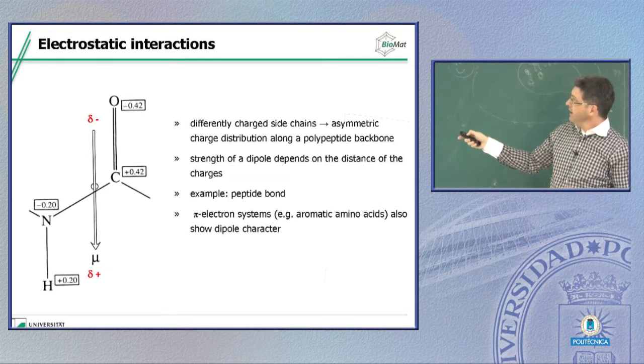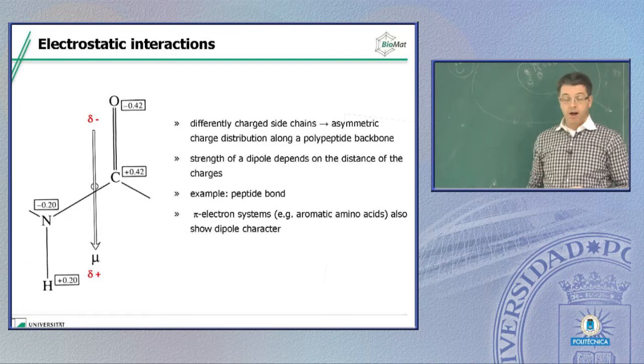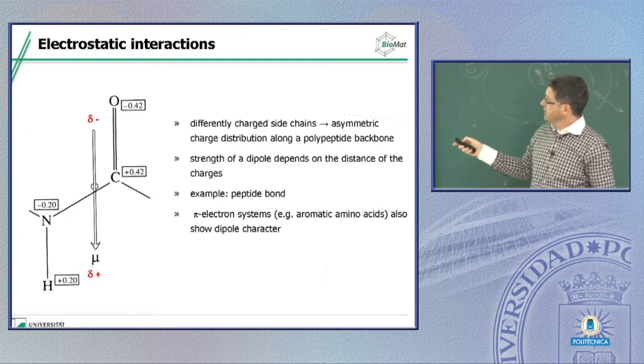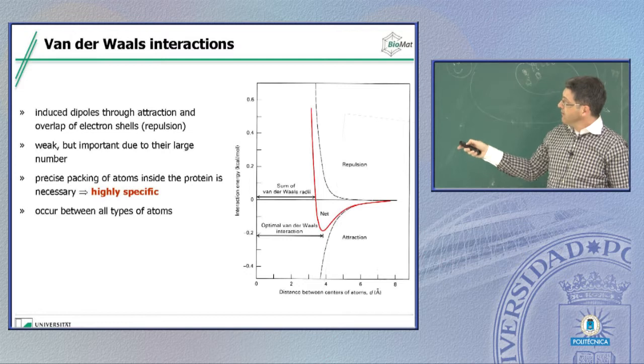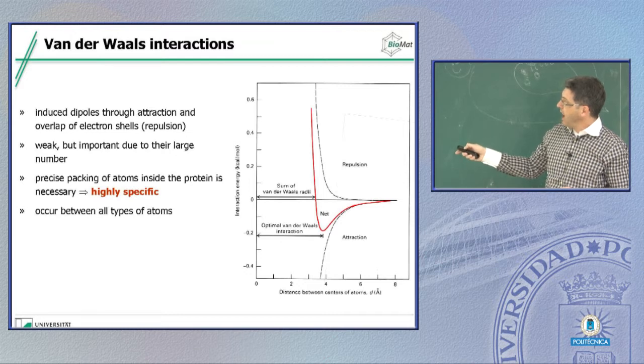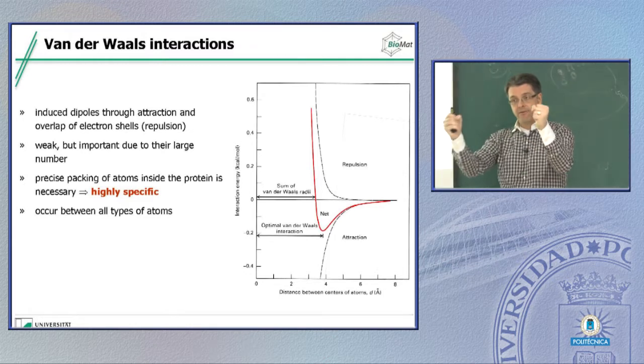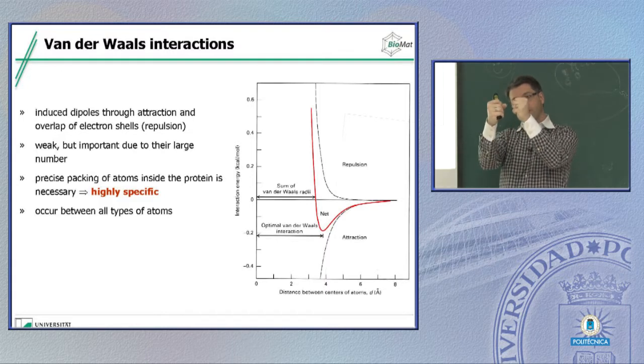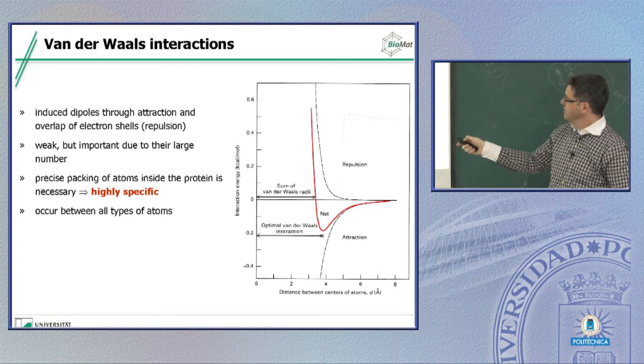And you see here that if you just sum up attraction and repulsion, in red you see what van der Waals found out, that there is a minimal energy or an energy optimum at the optimal van der Waals distance. So meaning that at this point you will have a van der Waals interaction holding the two atoms in position, because this is a stable state.